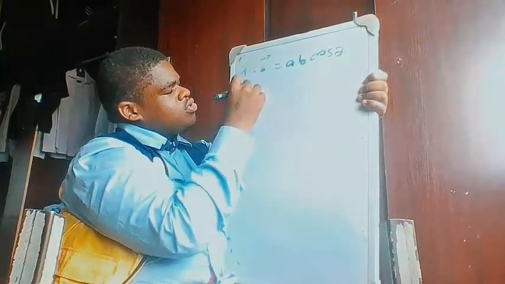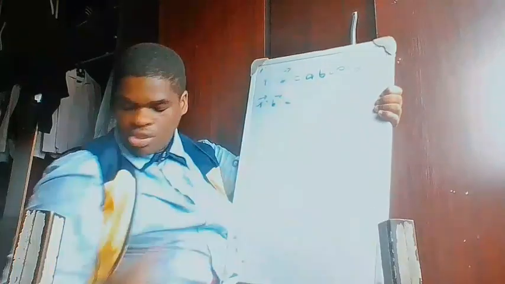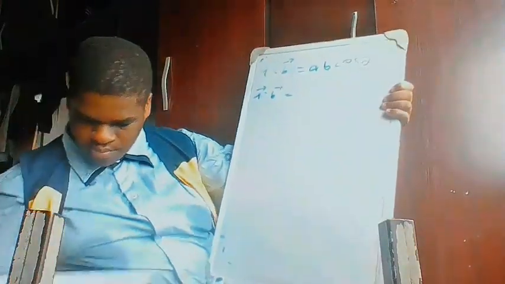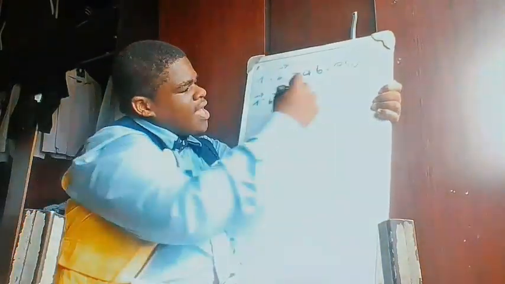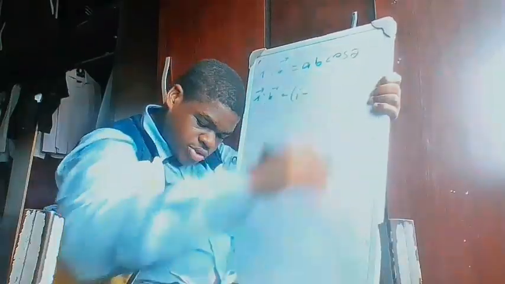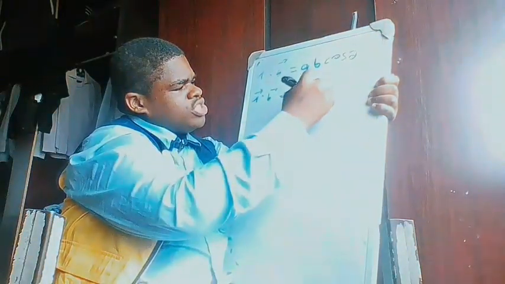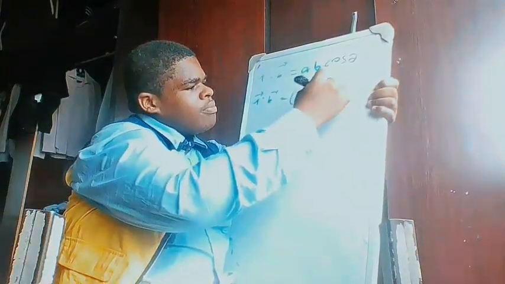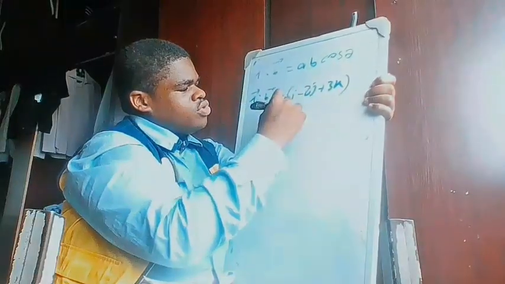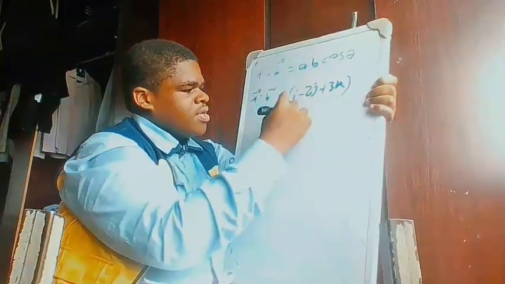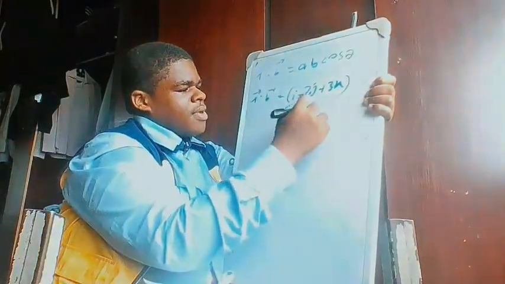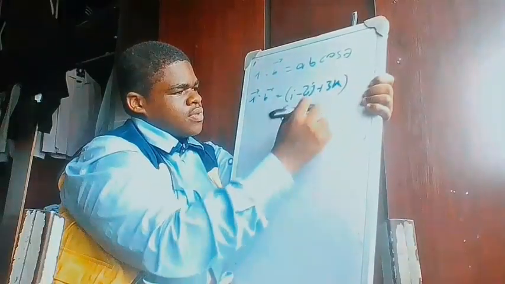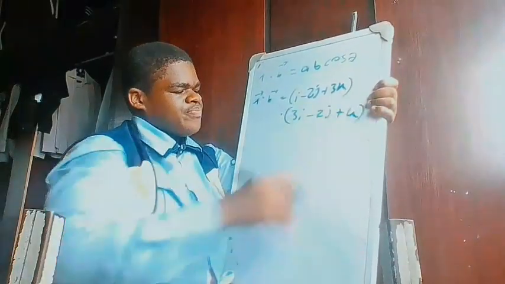A dot B is equal to i minus 2j plus 3k dot 3i minus 2j plus k.